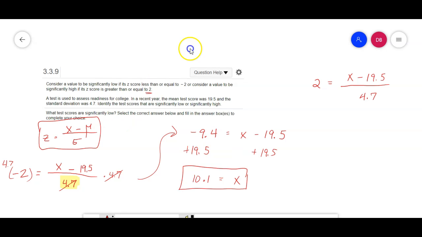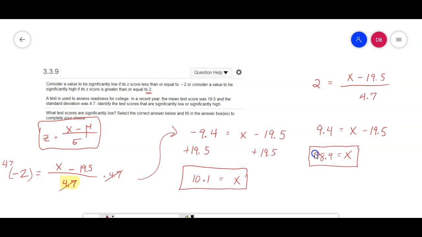This time, when I multiply by 4.7, +2 times 4.7, I get +9.4 equal to x minus 19.5. When I add the 19.5 this time, I get 28.9 as the value.